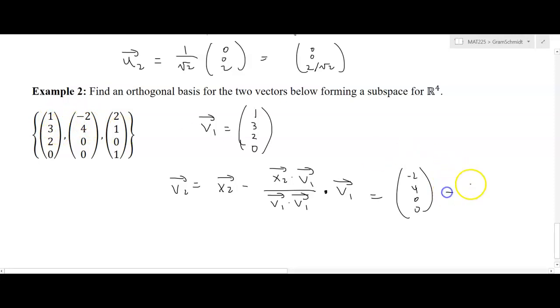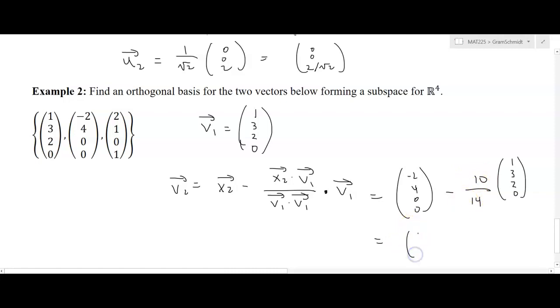So this will give me 10 over v1 dotted with v1. That's going to give me 1 squared plus 3 squared plus 2 squared, which is 1 plus 9 plus 4 is 14, times v1, which is the (1, 3, 2, 0) vector. And that would give me 10/14, which, dividing by 2, is 5/7.